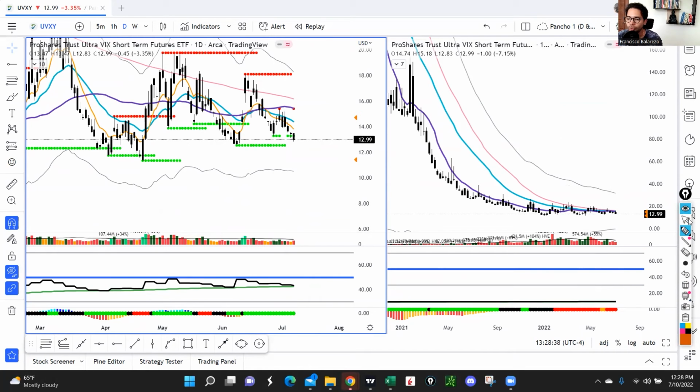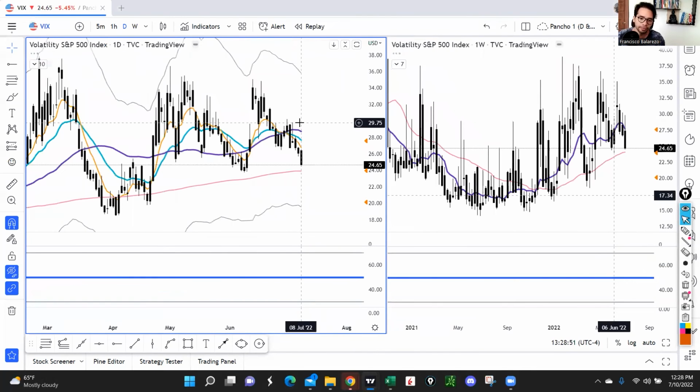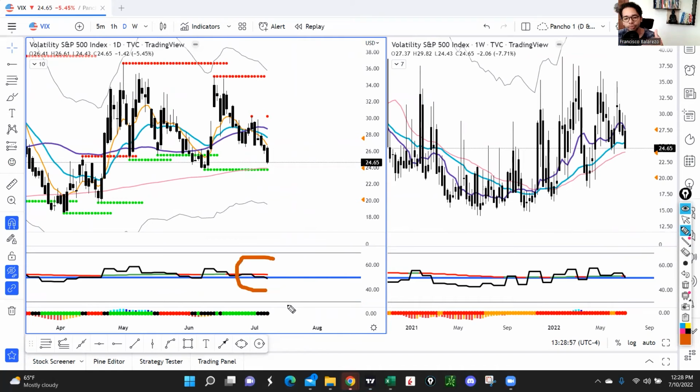So that's what I'm looking at in the UBXY, and this is actually going hand in hand with the change in price structure in the Nasdaq Composite, as we are also seeing a change in price structure in the UBXY, and you're going to see the same in the VIX. And I actually like this setup to the downside because you can see that we have the trend oscillator that is starting to move below the EMA, signaling a change in the trend, at least in the short term. And we're actually seeing a squeeze.